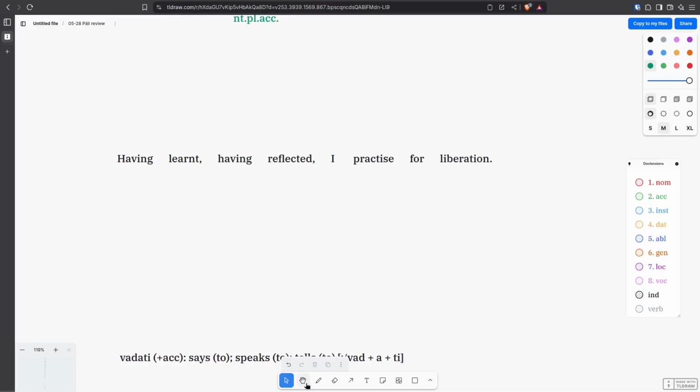Ajahn Vesako, can you translate this last one for us, please? Having learned, having reflected, I practice for liberation. So that would be uggaṇhitvā. Having learned, from uggaṇhāti becomes uggaṇhitvā, and having reflected would be... paṭisañcikkhati, maybe from that one.